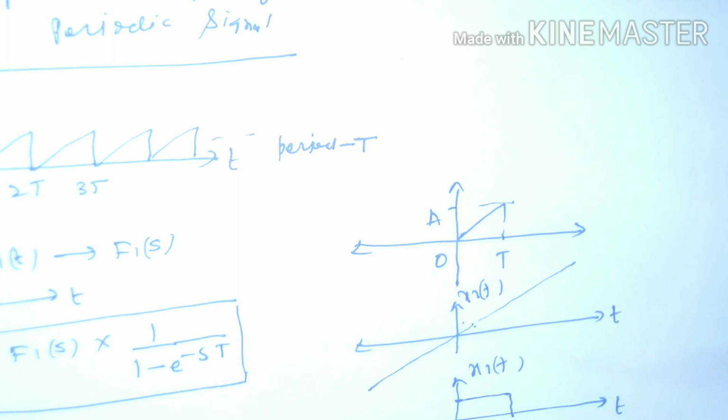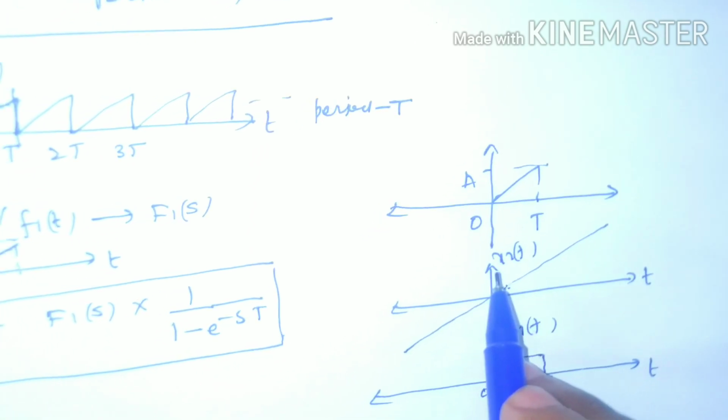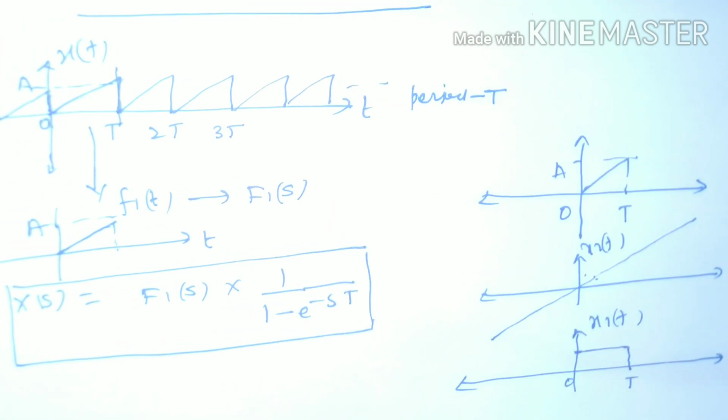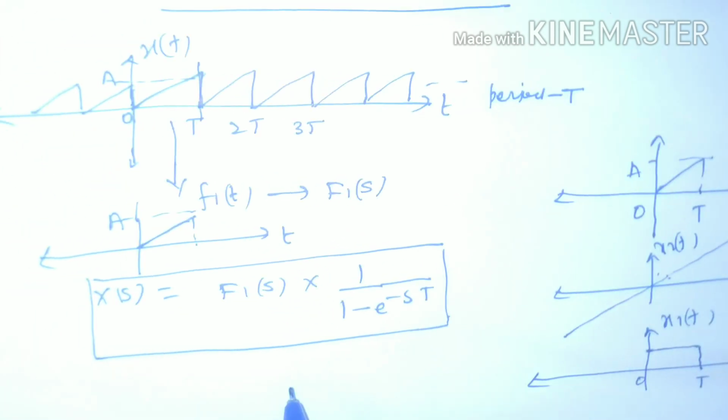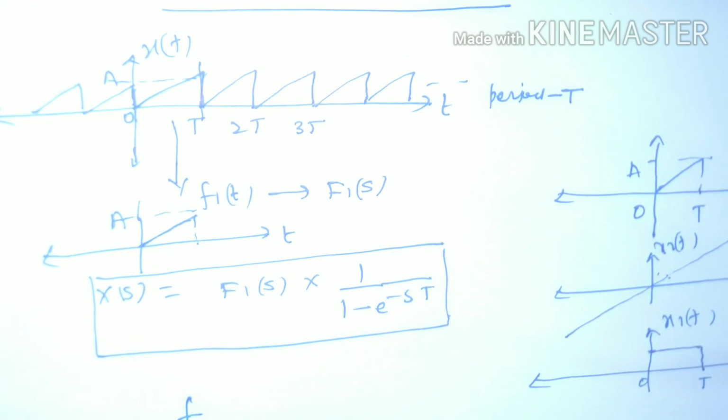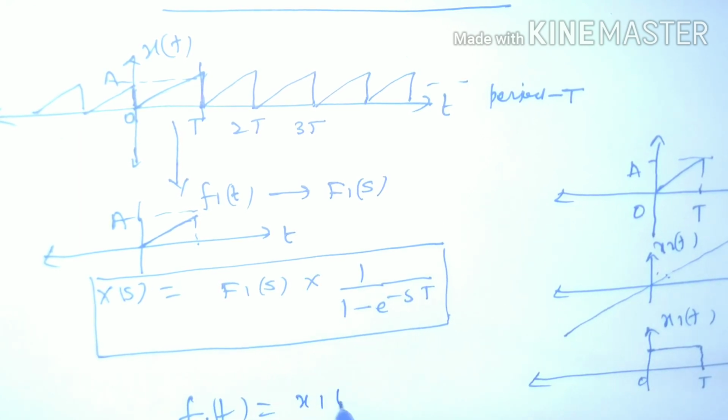If we multiply these signals, we will get this one. So f1(t) equals x1(t) multiplied by x2(t).